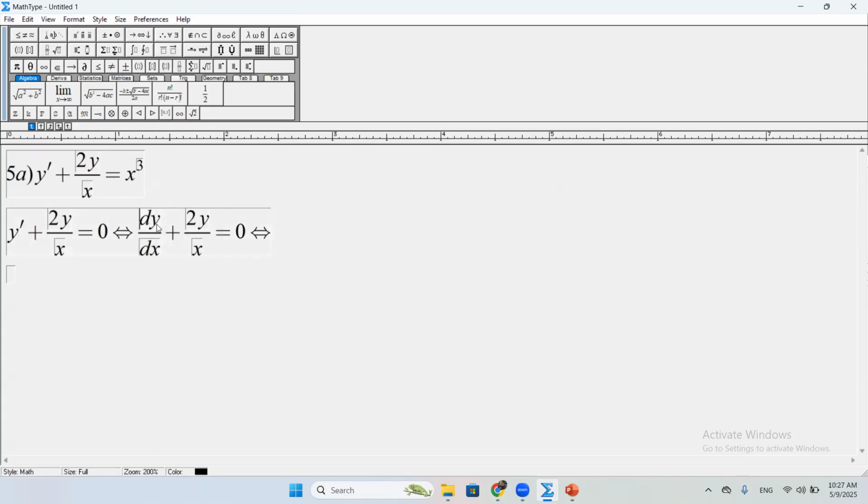So let's separate variables and integrate. So what do we have? dy by y equals minus 2 dx by x. Then, of course, we will integrate them.